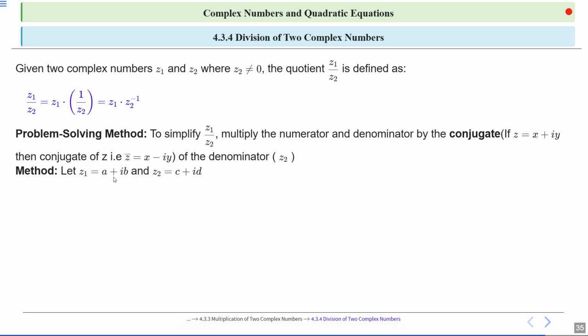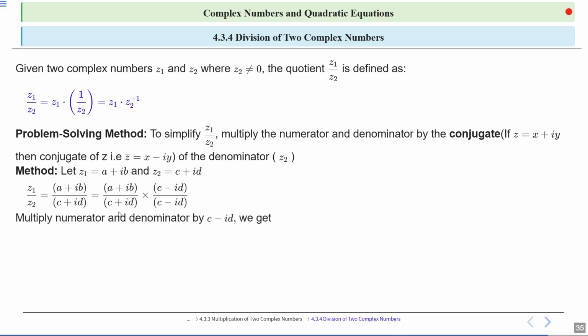Now let z1 equal a plus iota b and z2 equal c plus iota d. So z1 divided by z2 equals (a plus iota b) divided by (c plus iota d), multiplied with (c minus iota d) divided by (c minus iota d). So we multiply numerator and denominator by c minus iota d.